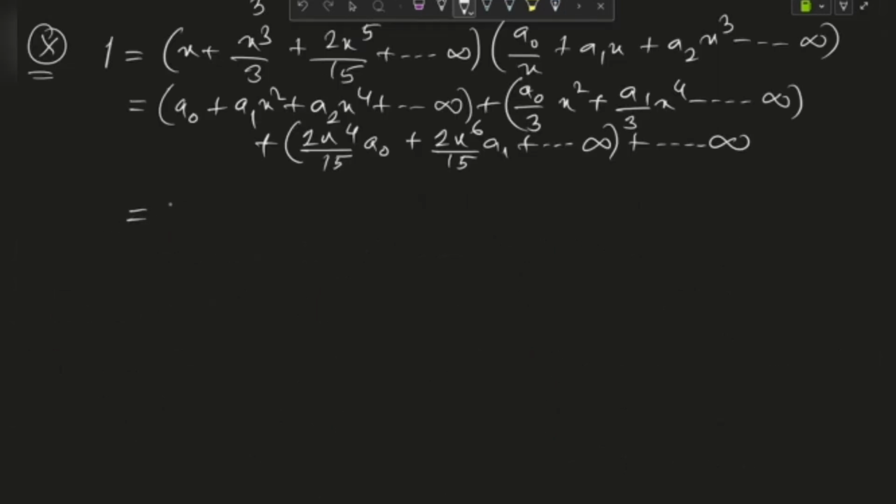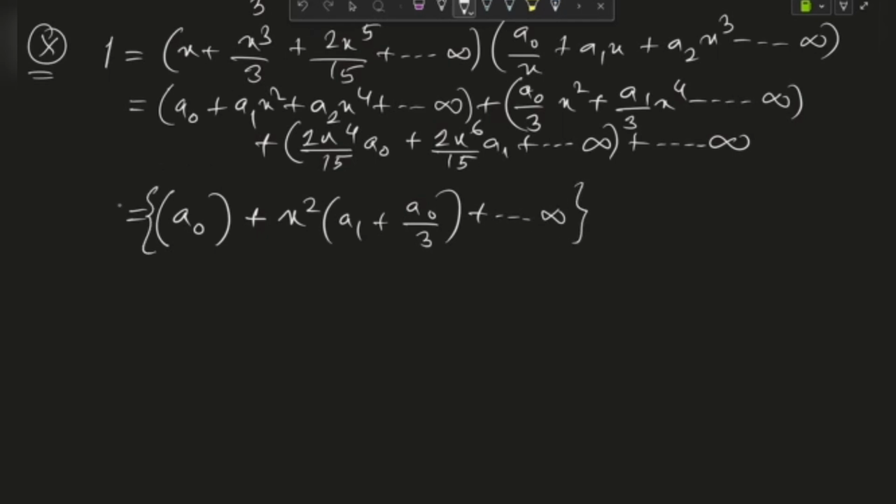So now we try to segregate the terms. First we will segregate the constant terms. We have only one constant term, which is a0, and after that we take x squared common and segregate. This becomes a1 plus a0 by 3, and this again goes till infinity. I guess we will not need the higher powers. This part is sufficient to calculate what we need.